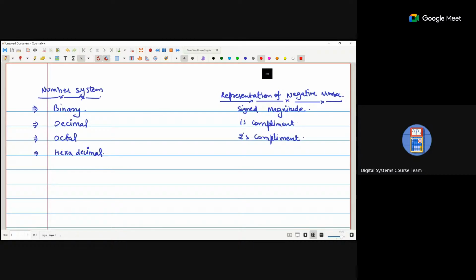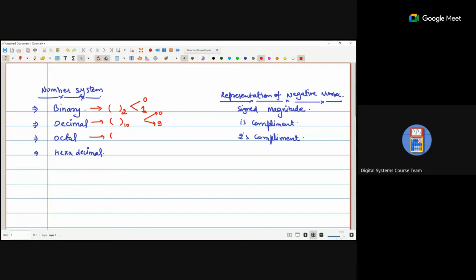Now the binary number system will be represented as a base 2. The only possible combination is the combination of zeros and ones. Only two values will be defined, 0 and 1, and that is called the binary number. In the decimal, the base 10 is possible and the values will be from 0 to 9.